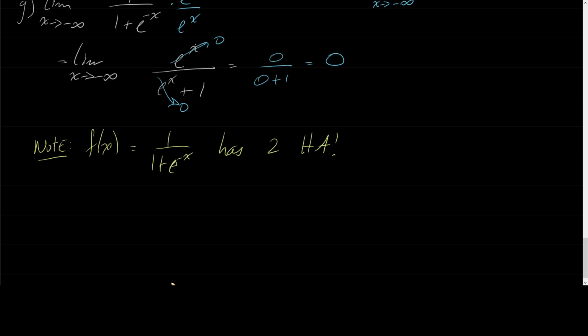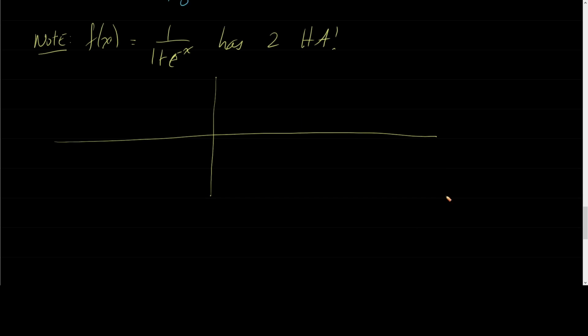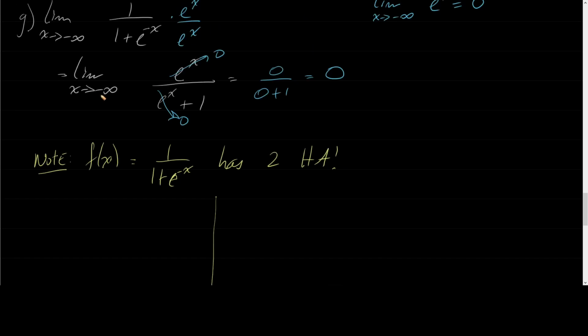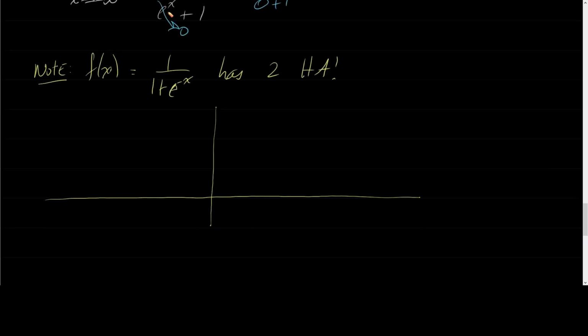All right, so I'll just draw what this function looks like so you have an idea, right? And it looks something like this. We have a horizontal asymptote going to 0 as x went to negative infinity, and then it was going to 1 as it went to positive infinity.